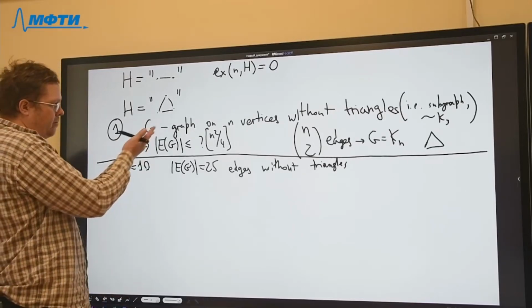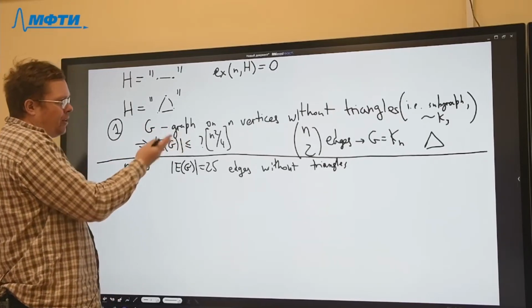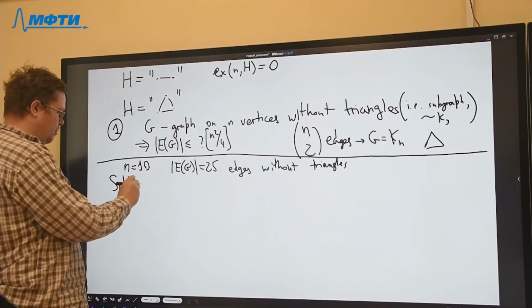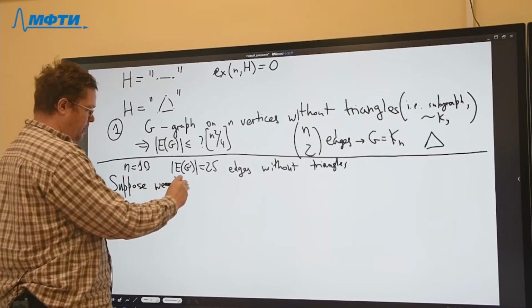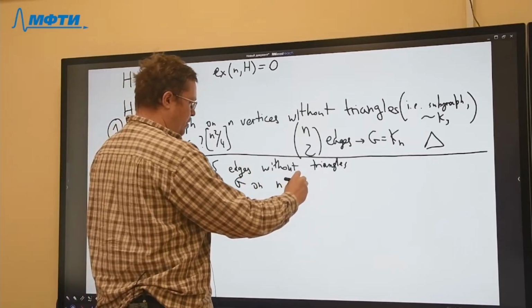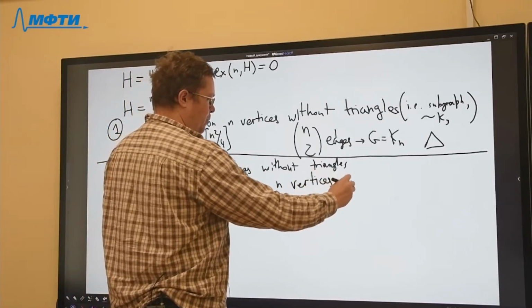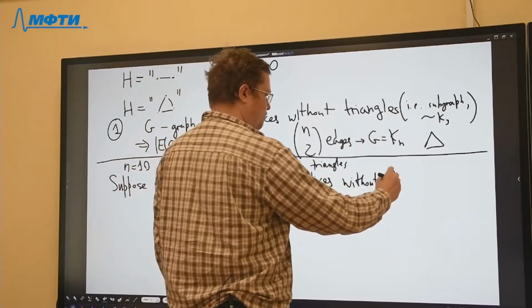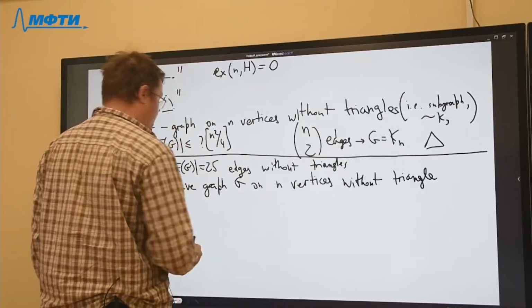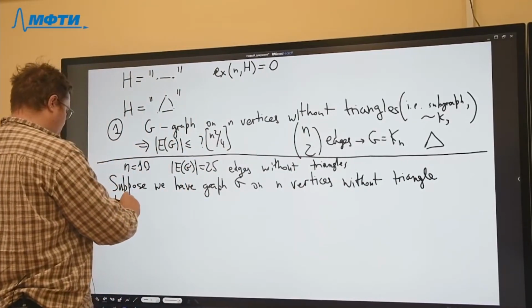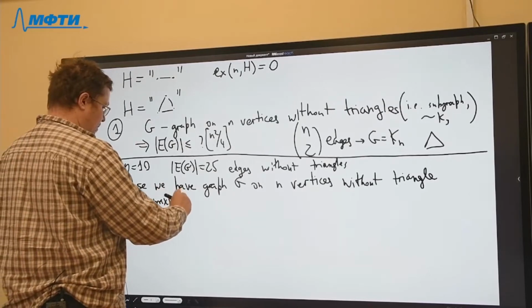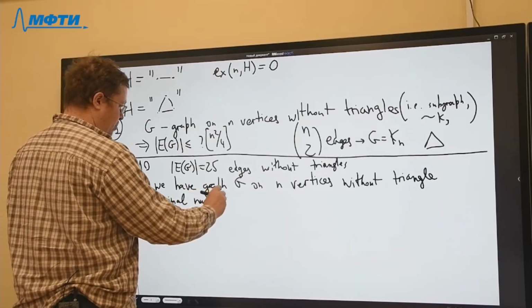So let's take a graph G on n vertices without triangles and with the maximal number of edges.